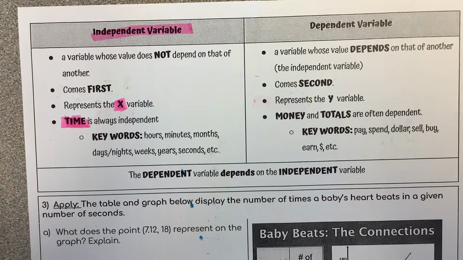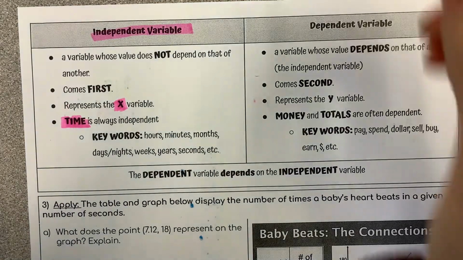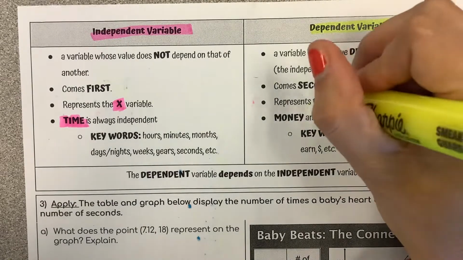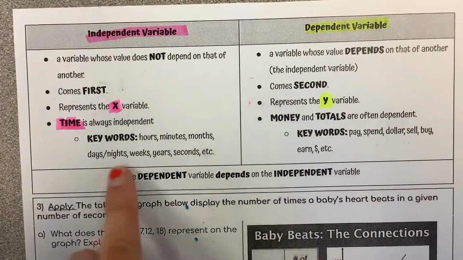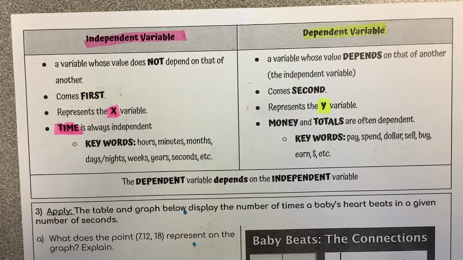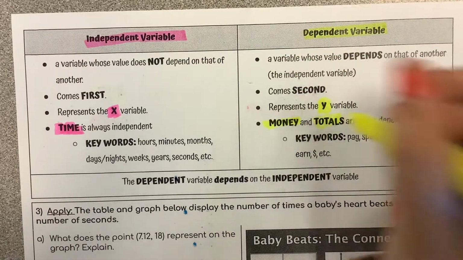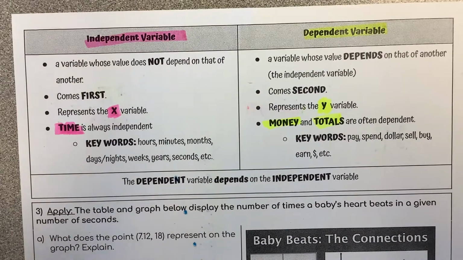The other variable that we will see is a dependent variable, which depends on another one. So it comes second, and it represents the y variable, right? We have x comma y. And key words or things that often tell you dependent variables is money and totals are often, maybe not always, but usually are dependent because money is dependent on something. I can't just magically have money appear.